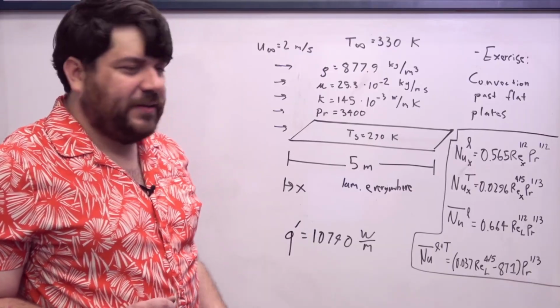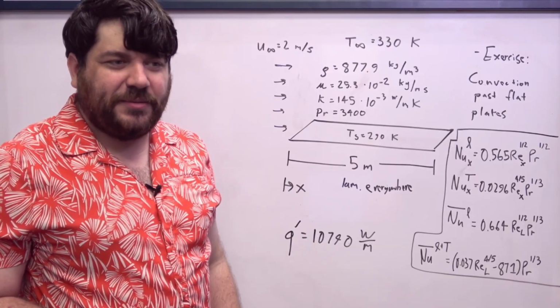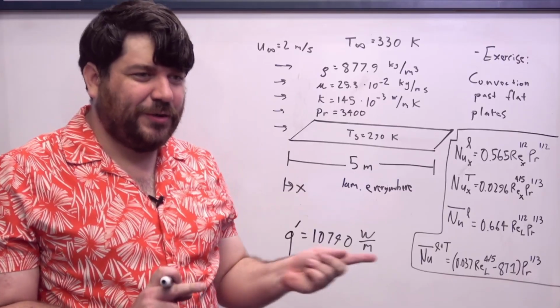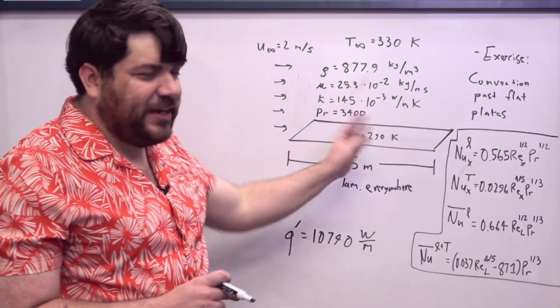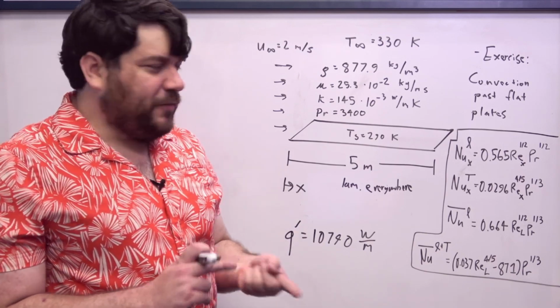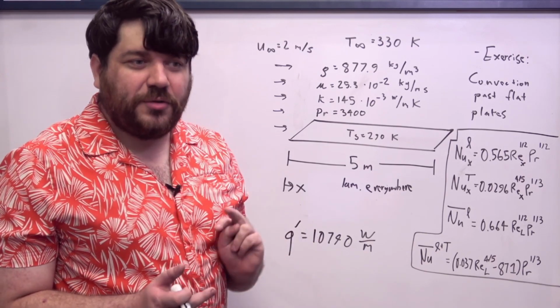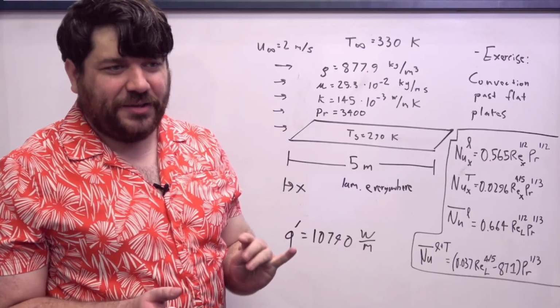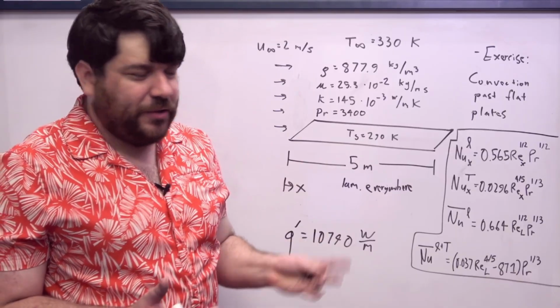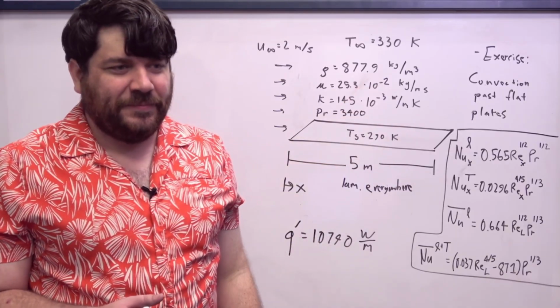All it is is following the steps that we talked about just now. You find a Prandtl number, you find a Reynolds number, you determine whether or not the flow is turbulent somewhere in the system. You make sure that you account for whether or not you're looking for an average or a local correlation, or whether or not you're looking for a correlation where the flow is laminar everywhere or the flow becomes turbulent somewhere over the plate, right?